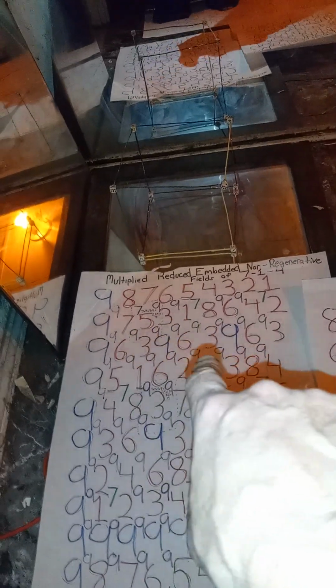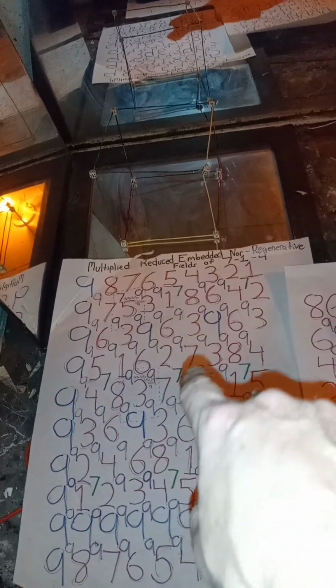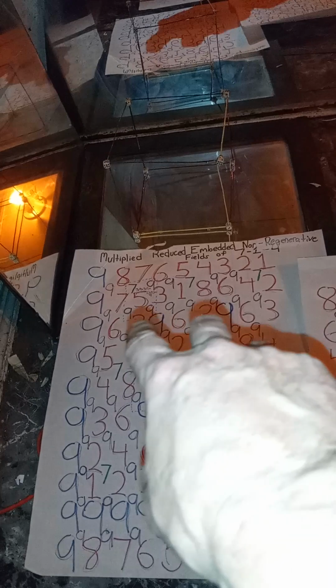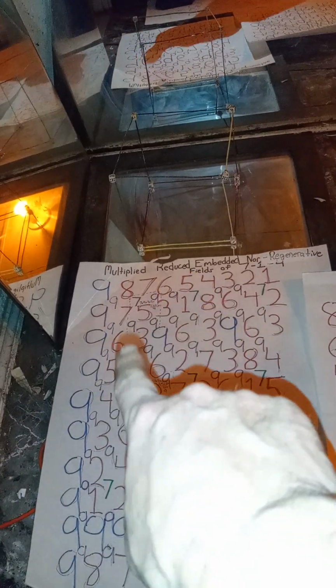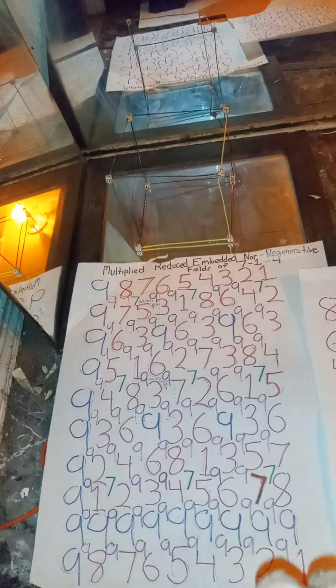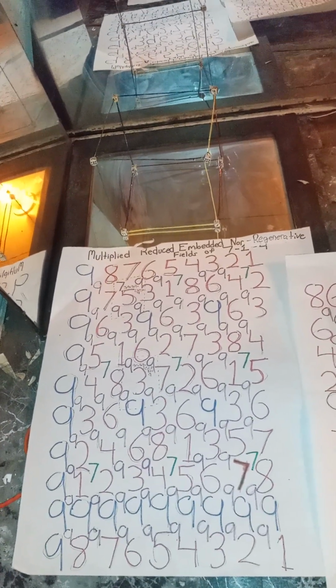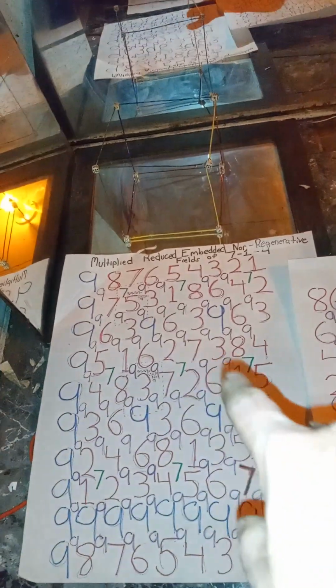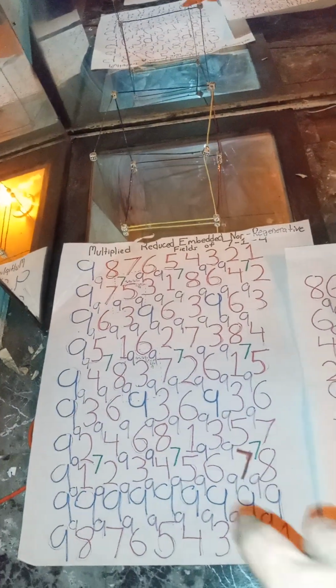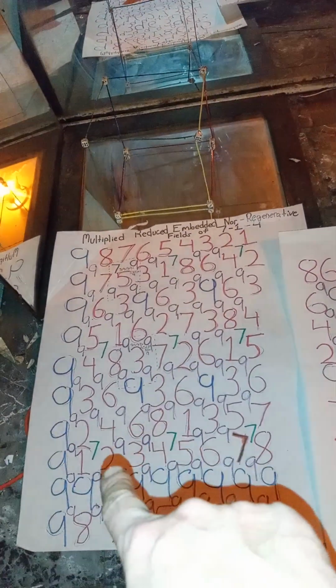And I'll start running through this in a second. With the larger ones, you look for the 9s, the 6s, 3s and 9s, and then with the smaller numbers, you look for the 7s, 4s, and the 1s. So there's the 7s, and the rest of the background are 9s.